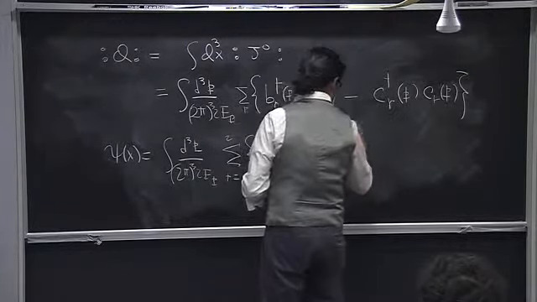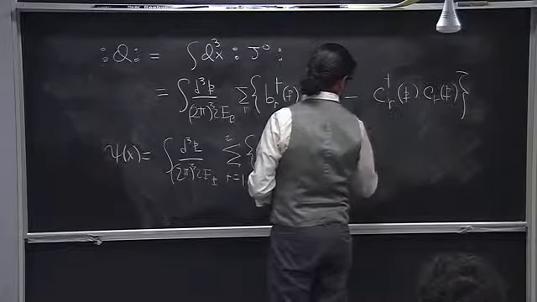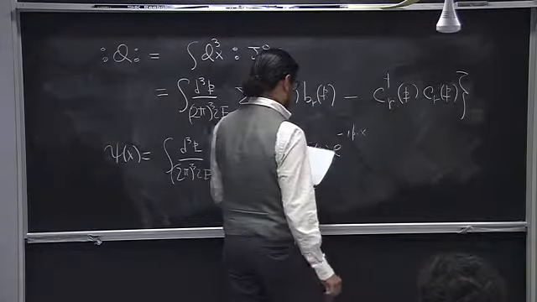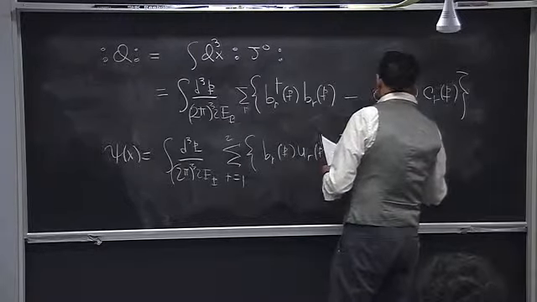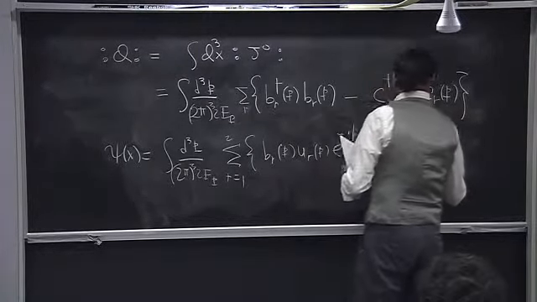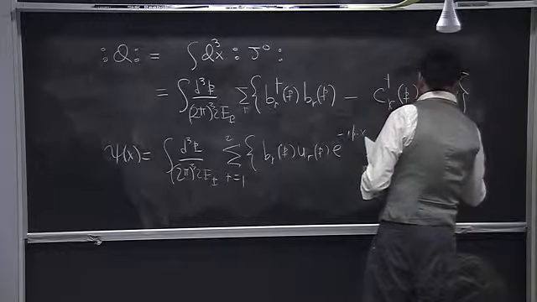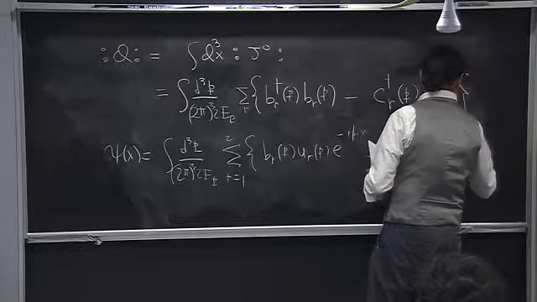So now the sign is flipped, and now this is a 4-vector contraction. And now this is also a 4-vector contraction.